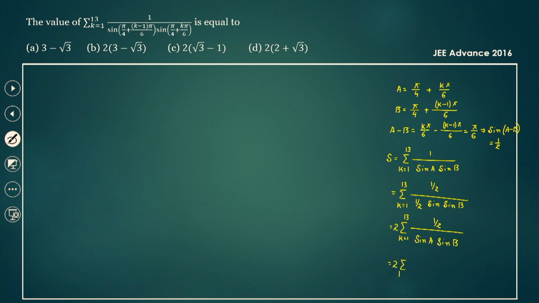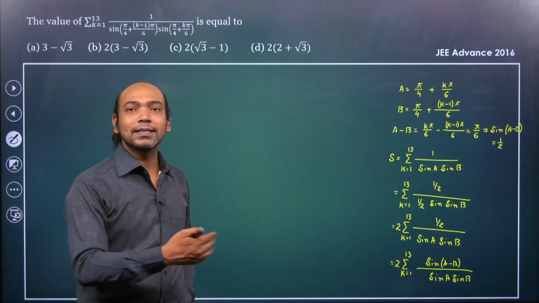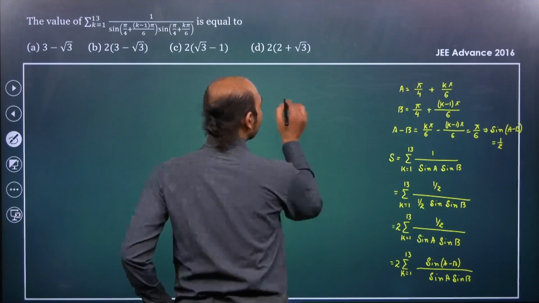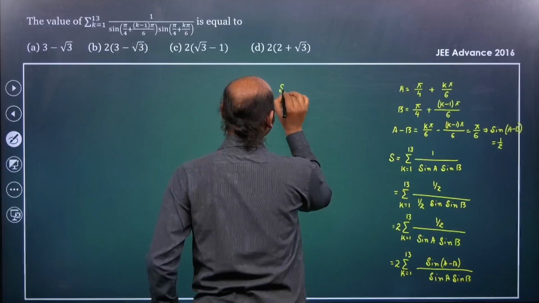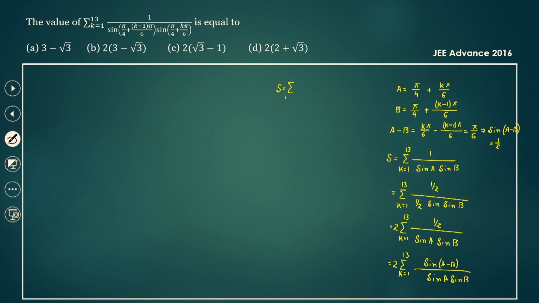So let's apply that. Summation k equal to 1 to 13 of sine(A minus B) divided by sine A sine B. Now obviously we know that sine(A minus B) can easily be expanded with the formula. So the summation S is equal to summation k equal to 1 to 13 of sine(A minus B), let us expand that.